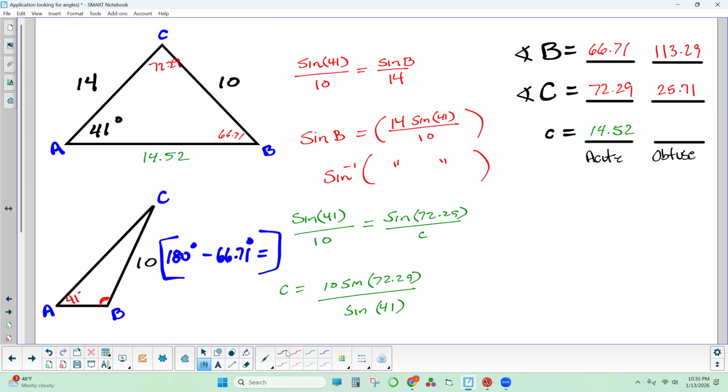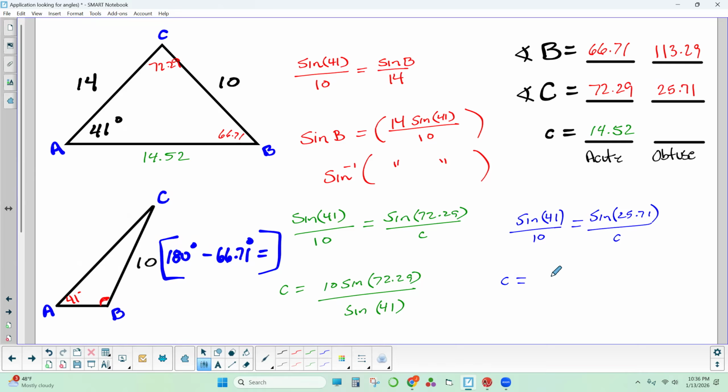So we are going to use the law of sines one more time. Okay. So I'm going to go sine 41 once again, divided by its opposite side, equals, now I have to use angle C, which is sine of 25.71 divided by C.